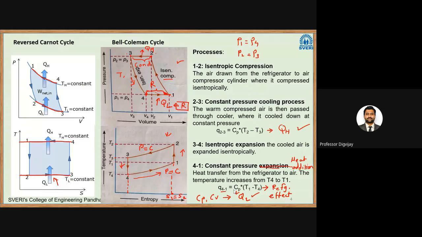Then can you guess what will be the COP in this case? Coefficient of performance. You tell me what is the formula for COP of a refrigerator? No idea. You tell the general formula for COP of a refrigerator. What is that general formula we are using for COP of a refrigerator?